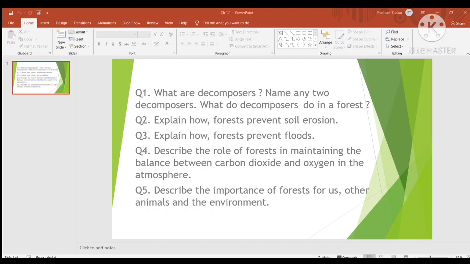So they help in maintaining the supply of nutrients to the growing plants in the forest. Now by carrying out decomposition, they prevent the dead plants, dead animals and animal waste from getting collected in the forest. It means they help in keeping the forest clean.